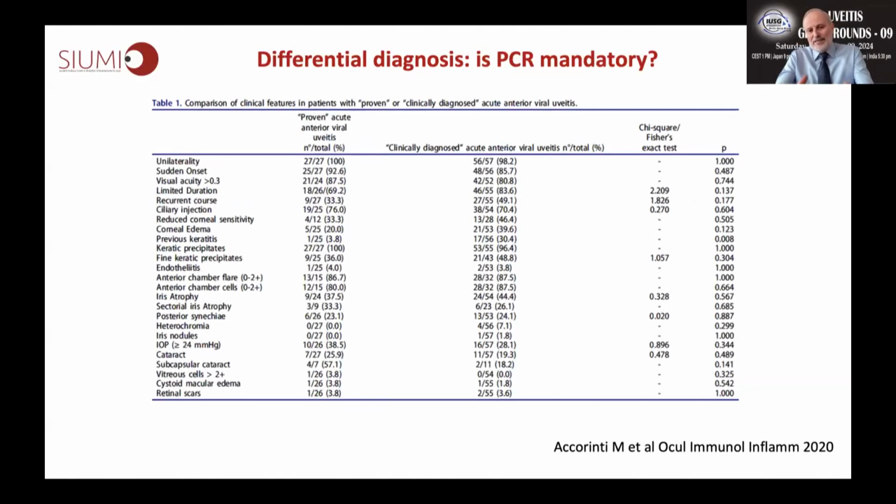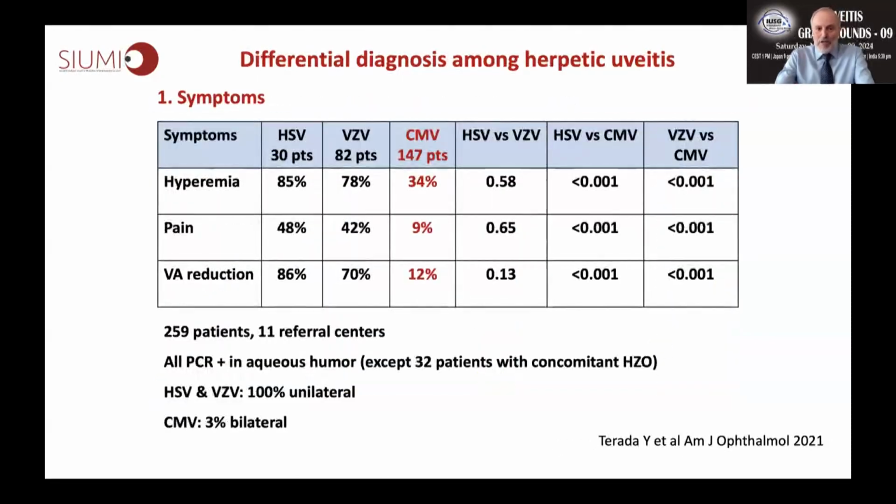That means a uveitis that has been submitted to an aqueous tap and confirmed by PCR for the presence of viral DNA. But if you look at the symptoms and signs in this beautiful paper from Japan, where we collected almost 260 patients in 11 referral centers, there are completely different symptoms at onset of the uveitis.